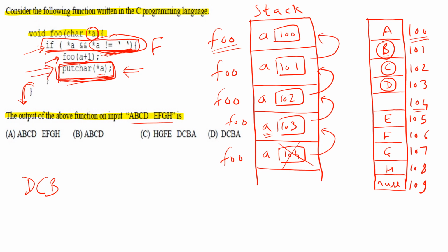So we print star 100, the value at address 100, and that is A. So we print A, and then the function terminates. So what is the output? The output is DCBA. So option D is the correct option. Okay, I hope you have understood this. Thank you.